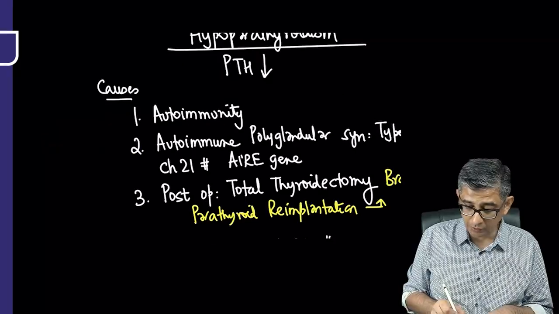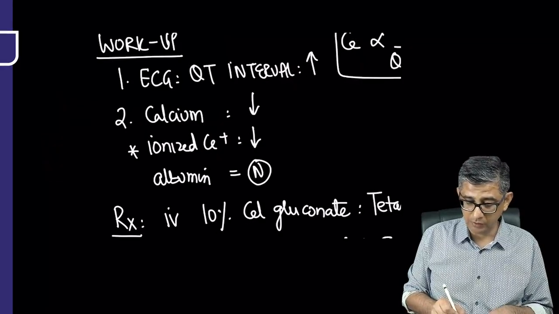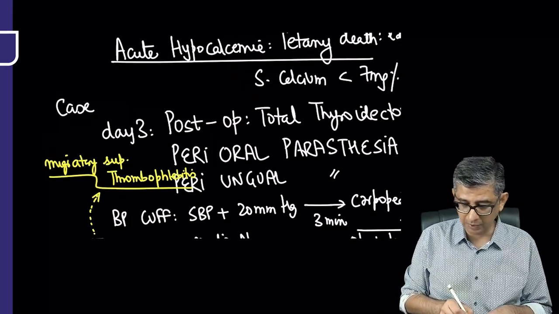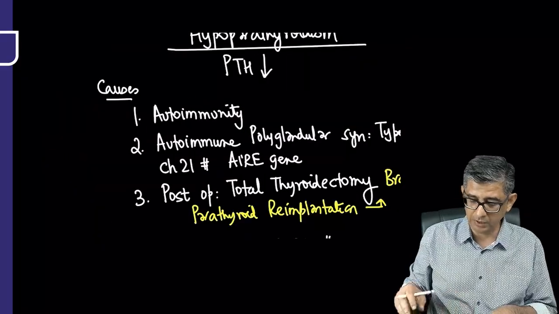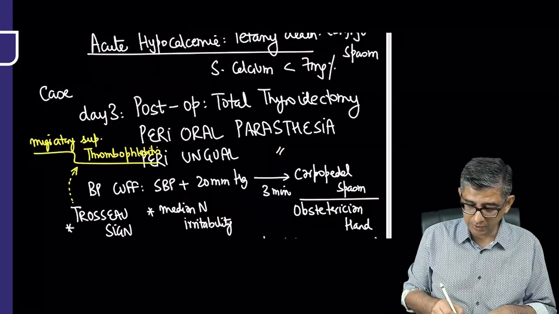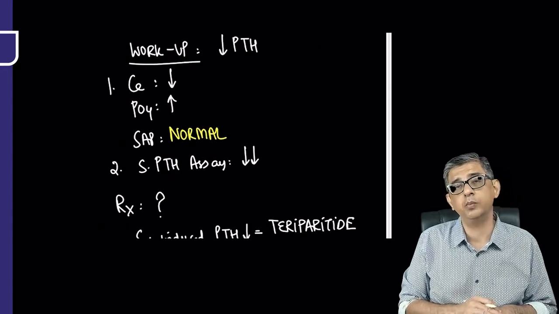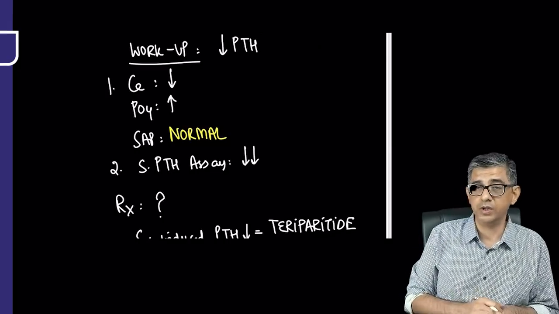But in hypoparathyroidism, what happened was that there was less calcium and there was an elevated value of phosphate in the patient, and I'll just show that slide so that you remember it. For patients who have hypoparathyroidism, you can see here the report is different.